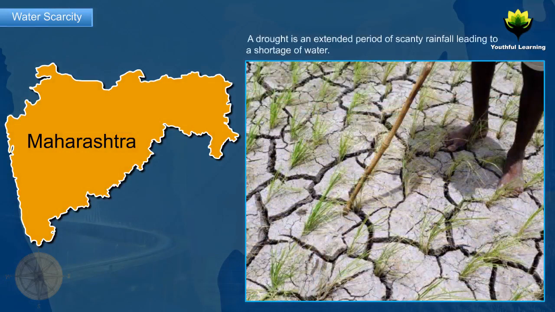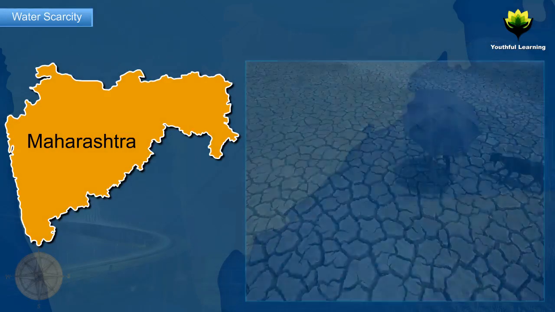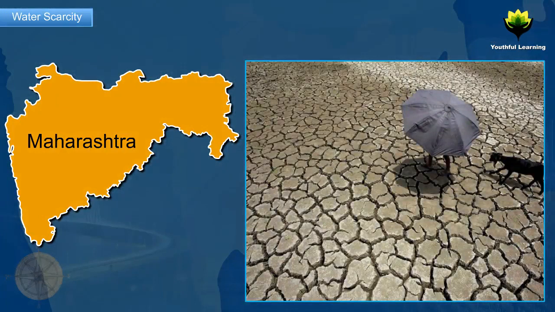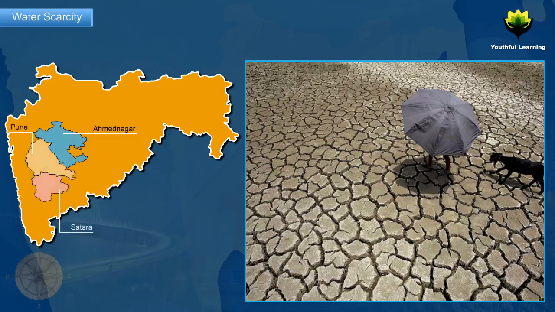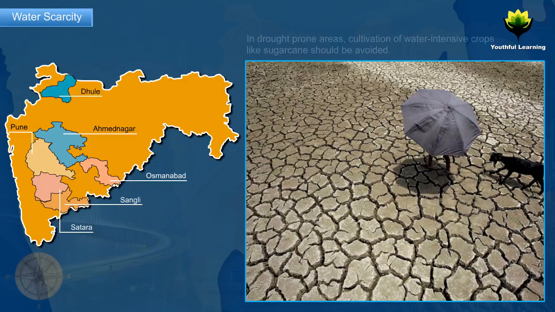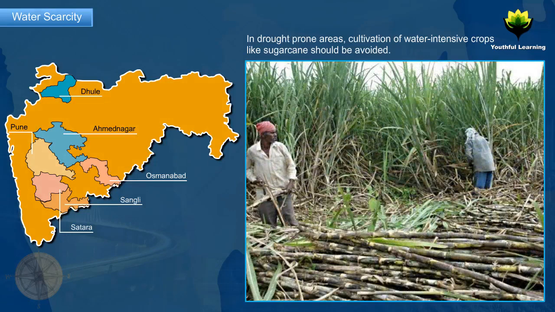A drought is an extended period of scanty rainfall, leading to a shortage of water. Some of the most drought-prone districts in the state are Ahmednagar, Pune, Satara, Sangli, Osmanabad and Dhule. In drought-prone areas, cultivation of water-intensive crops like sugarcane should be avoided.